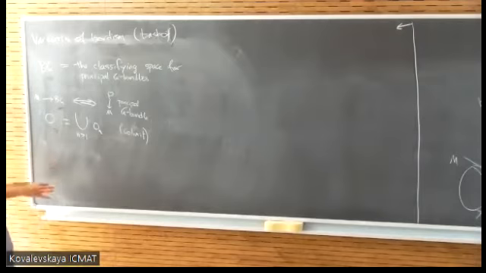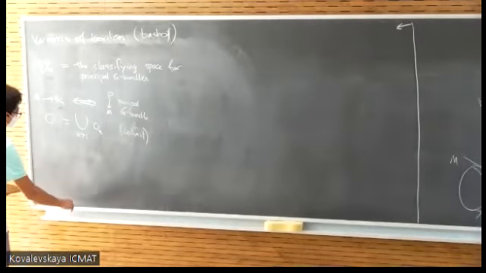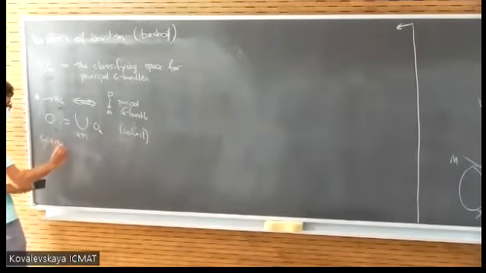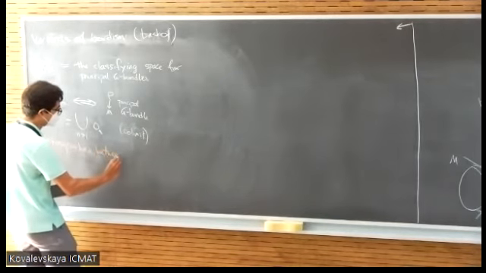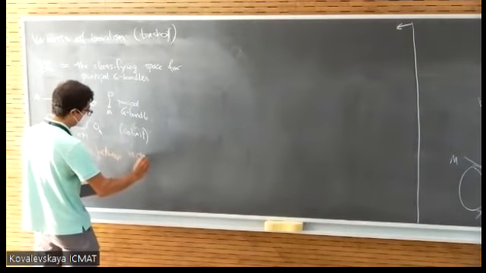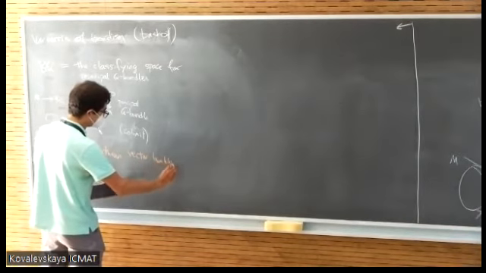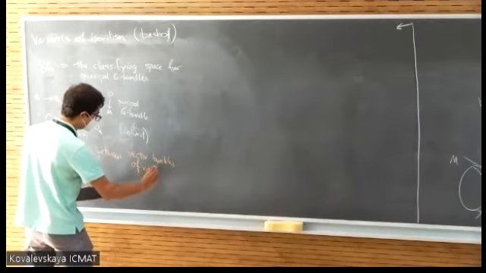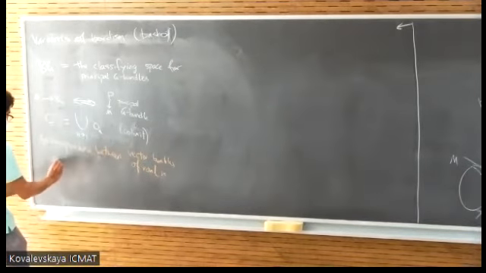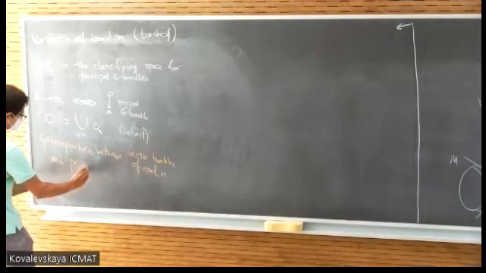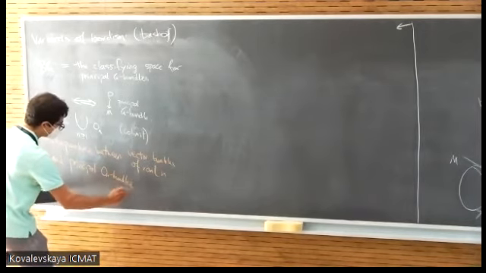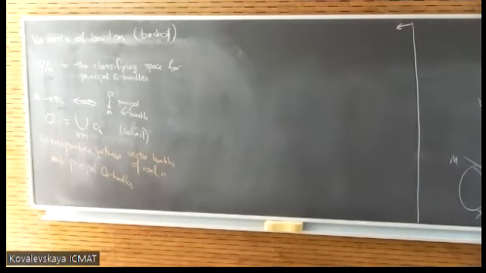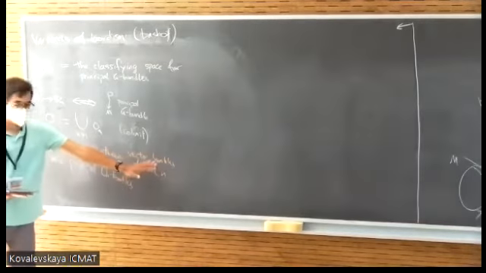So it turns out there's a correspondence between vector bundles of rank n and principal O(N) bundles. The idea is, I want to specify transition functions for a vector bundle.